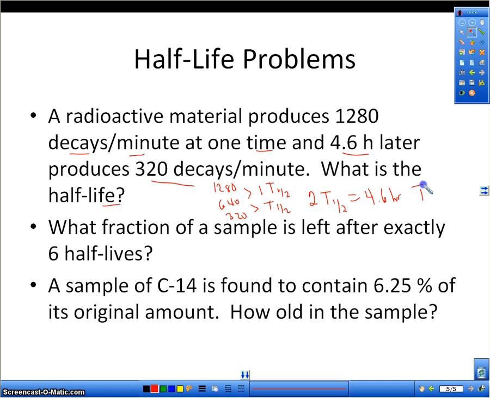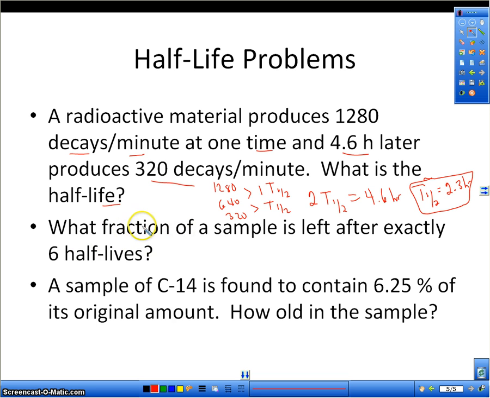So that means each half-life is 2.3 hours. So to go from 1280 to 640 took 2.3 hours, and then from 640 to 320 took an additional 2.3 hours. So 2.3 hours is the half-life of that particular material.